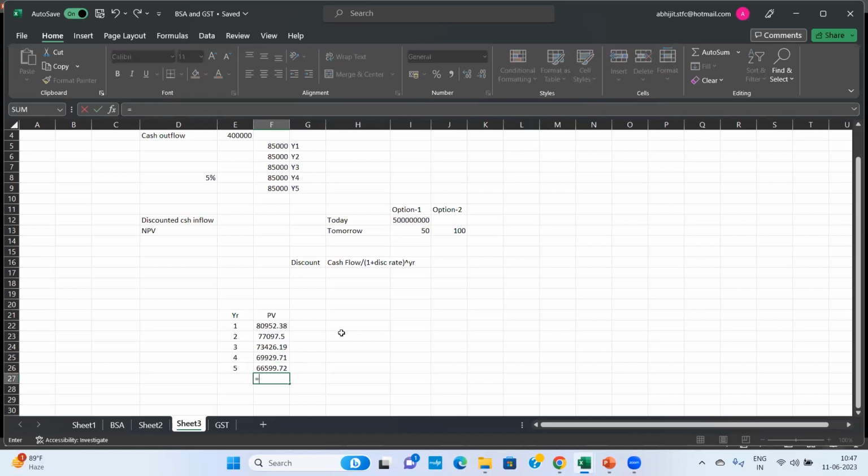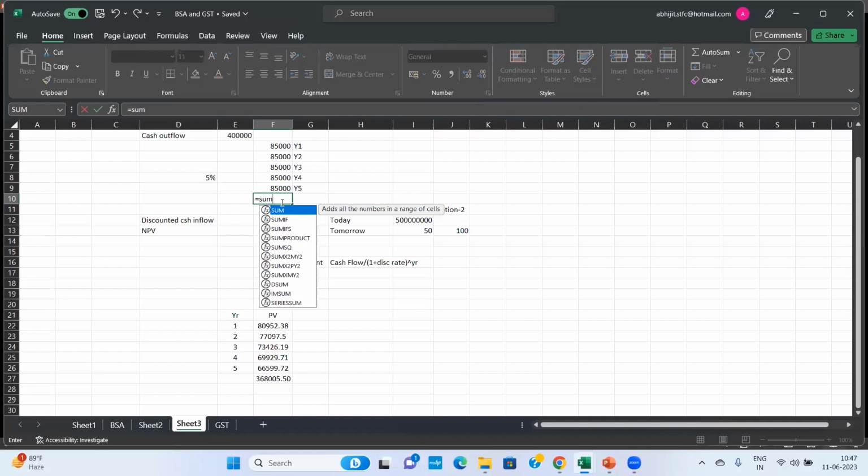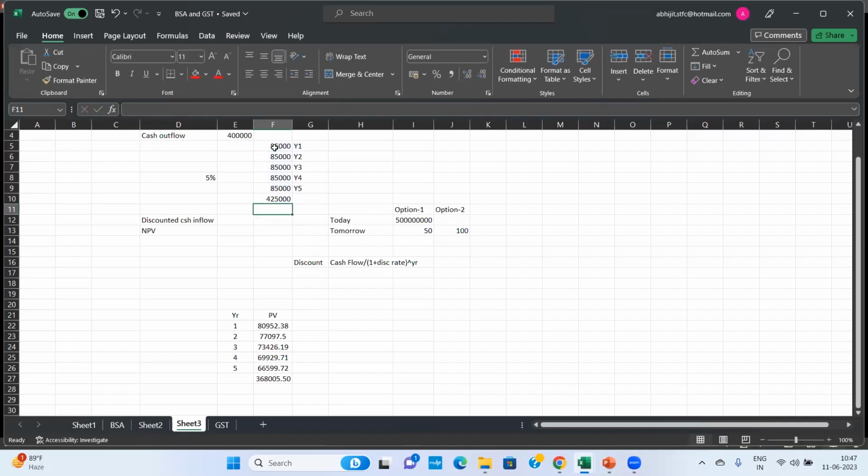Right? Now we see the sum. 3,68,000. Correct, NPV is negative. Otherwise, what was coming? 4,25,000. So what is the future value is 4,25,000. The present value coming is 3,68,000.